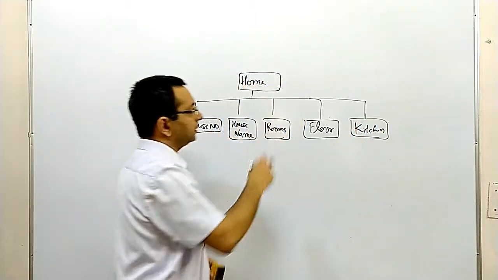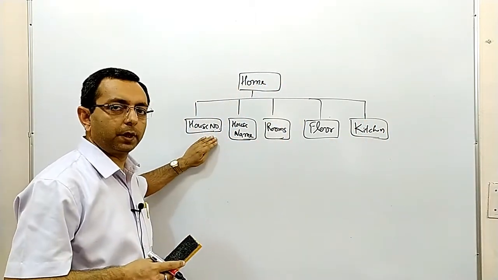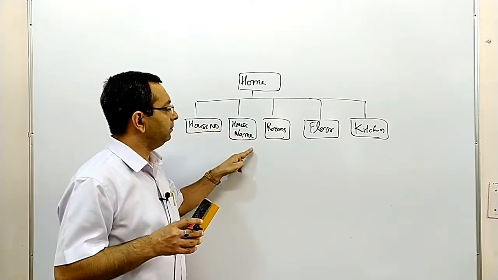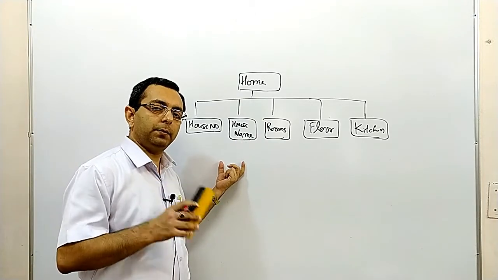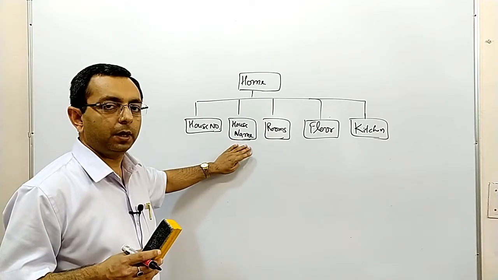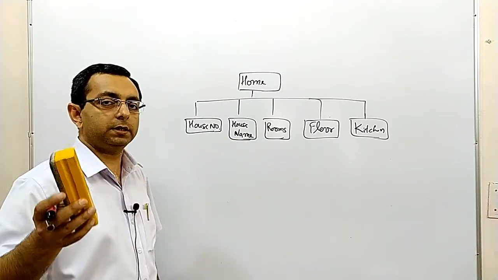So what is that? House number. Just the house number is data. You cannot proceed with the house number. House name, for example, Kishore Villa, Deepak Sadan. These are two examples of house name, but these are just data. You cannot proceed with them as information.